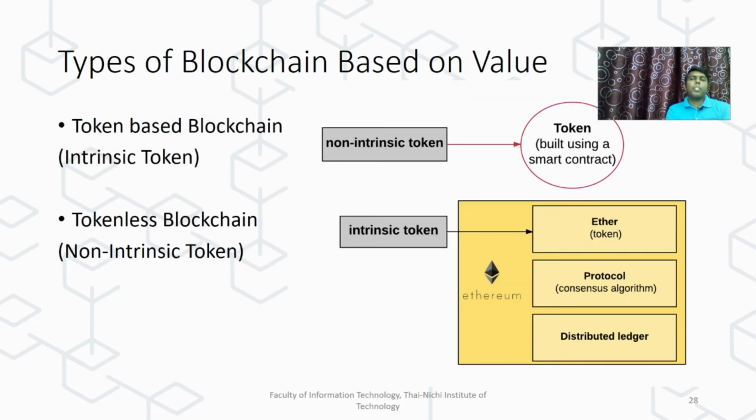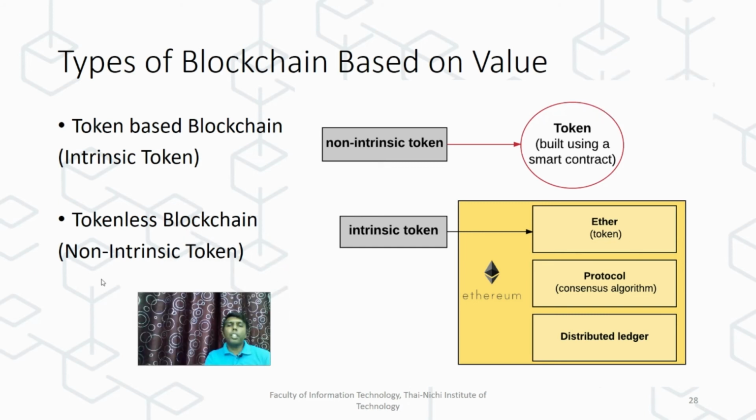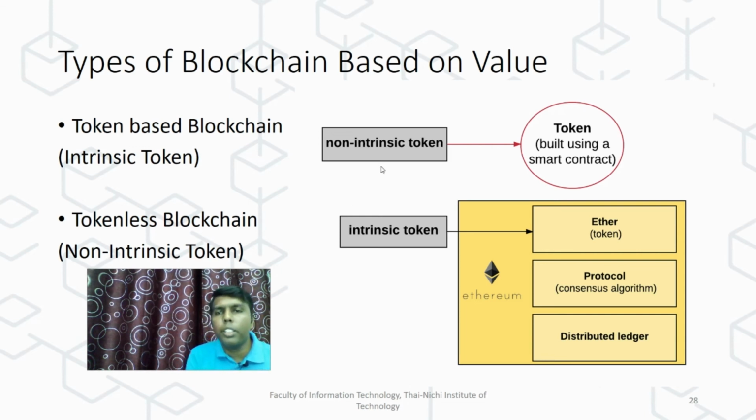Then the types of blockchain based on value. There are token based blockchains and tokenless blockchains. Token based blockchain means it will have a cryptocurrency value. We have non-intrinsic tokens and intrinsic tokens. For non-intrinsic tokens, we can have a Bitcoin blockchain, or Ethereum, or Stellar blockchain.